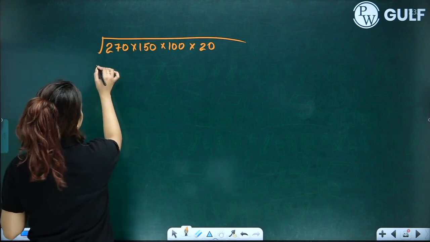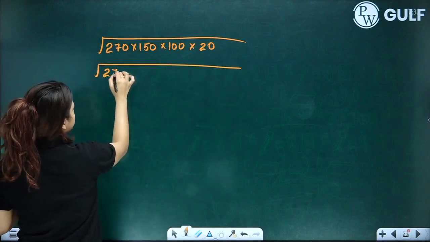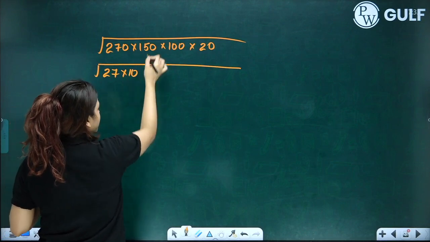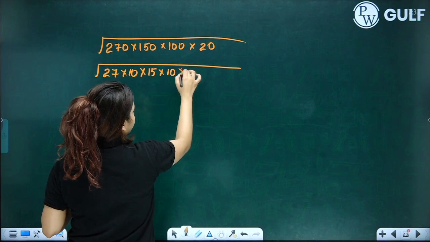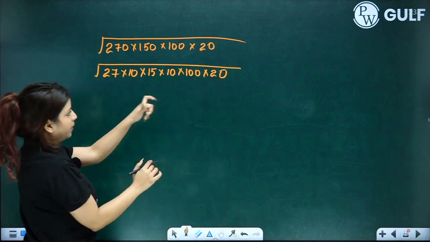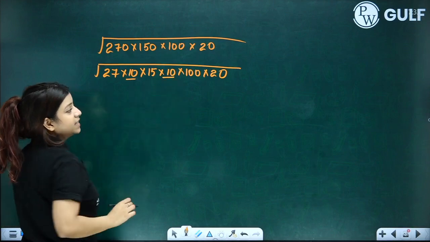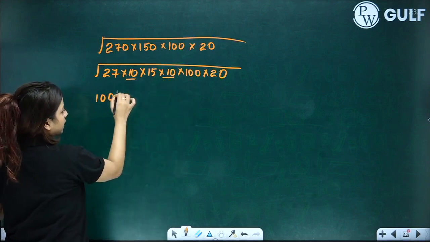So 270 can be simply calculated as, for suppose let's say 27 into 10. 150 can be calculated as 15 into 10. Then we have 100 and then we have 20. So from here we can take 10 into 10, that is 100, and this 100. So we can take 100 out, right?